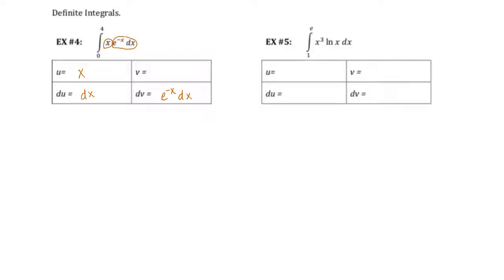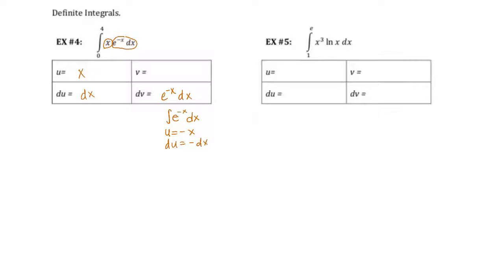Now I need to integrate this, and do remember we can come over here to the side and look at integrating e to the negative x dx. And I think we have done a u substitution with this, and so this does come up, and so we see that du is going to be a negative dx.